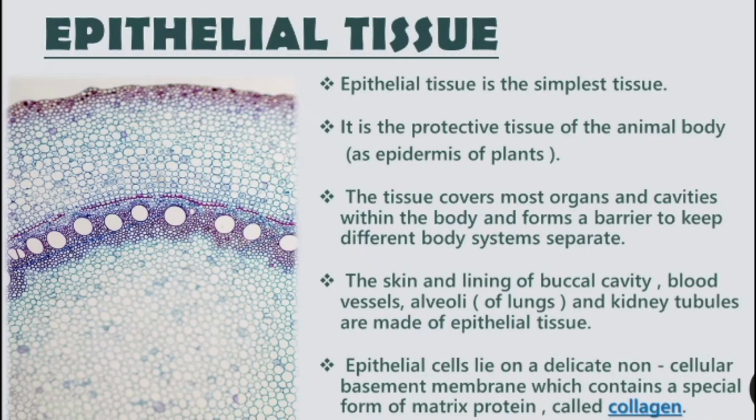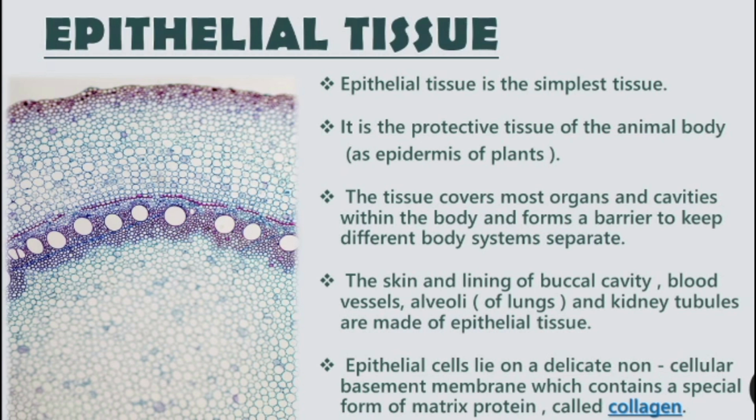In this session we are going to discuss the first type of animal tissue, epithelial tissue. Epithelial tissue is the simplest tissue. Here the cells are compactly and tightly arranged, without any intercellular space, and there are also no blood vessels between the cells.